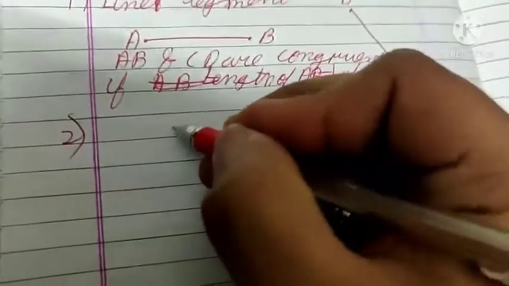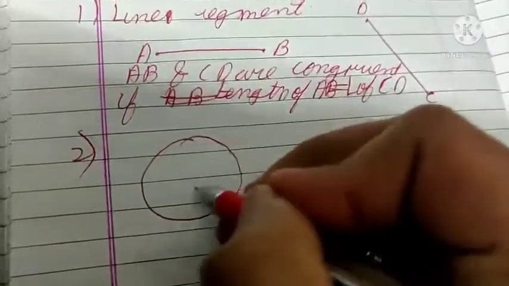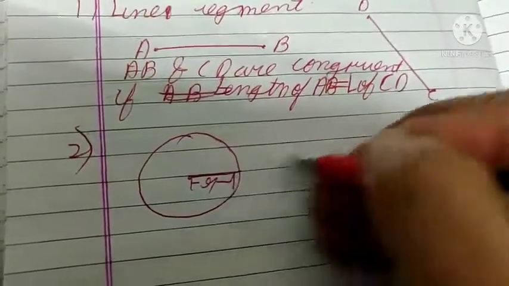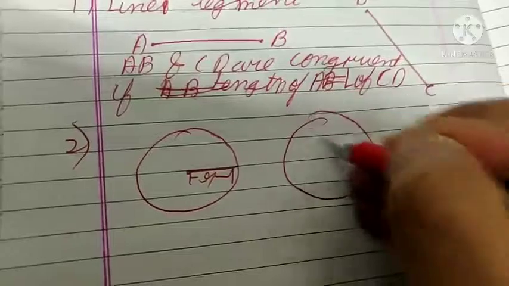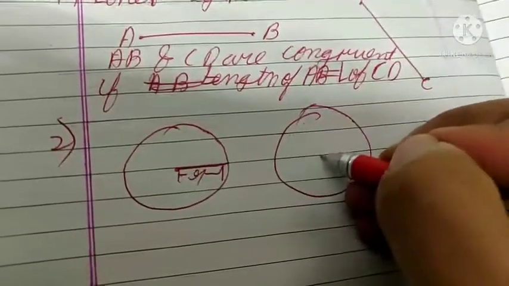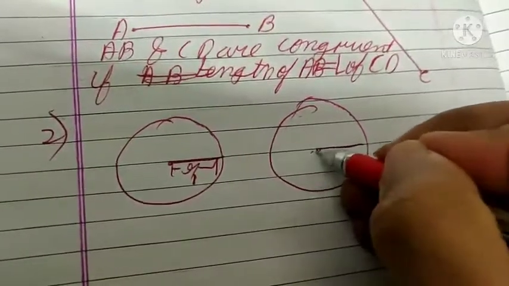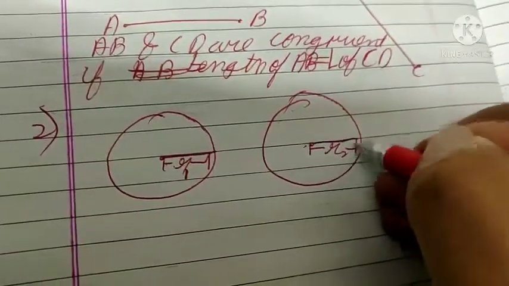Or two circles. A circle has a radius; this is R1, this is R2.